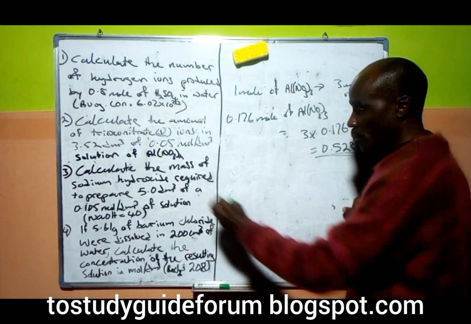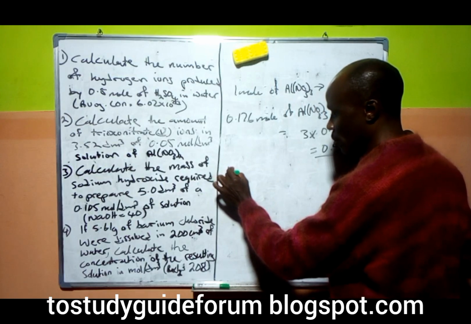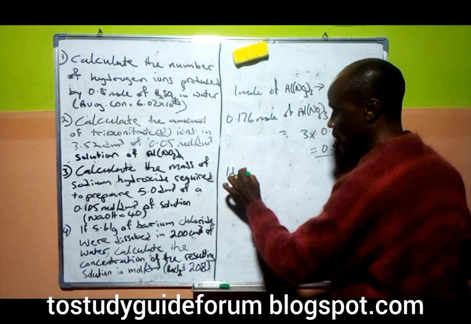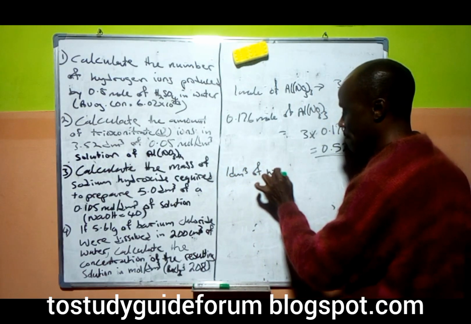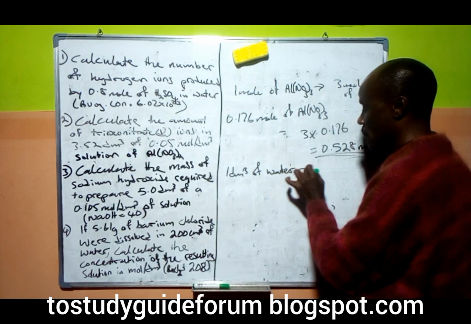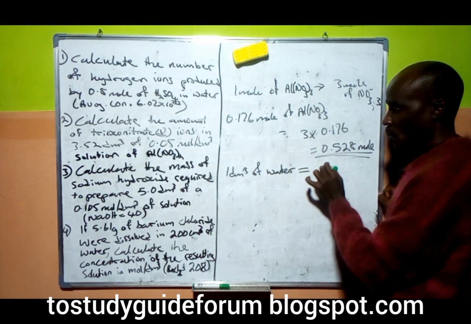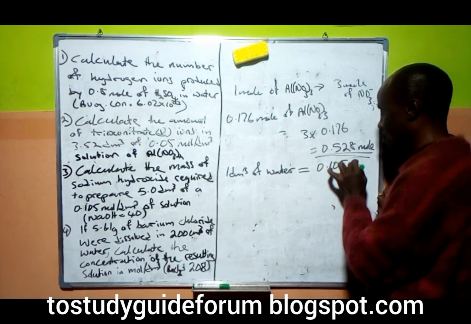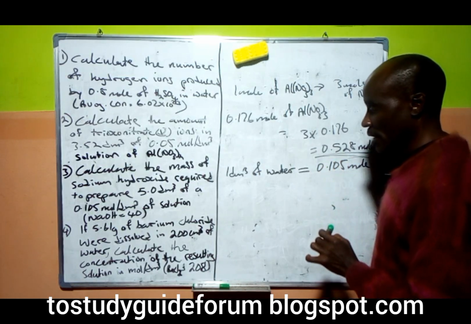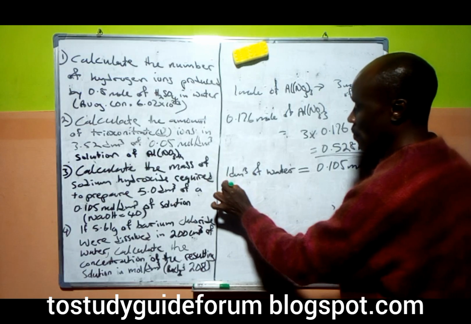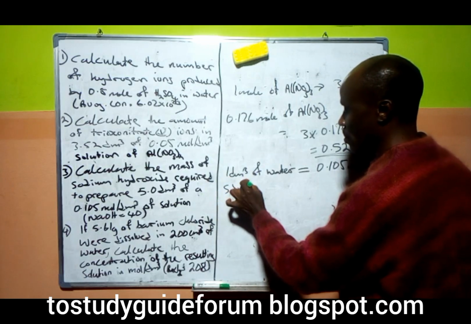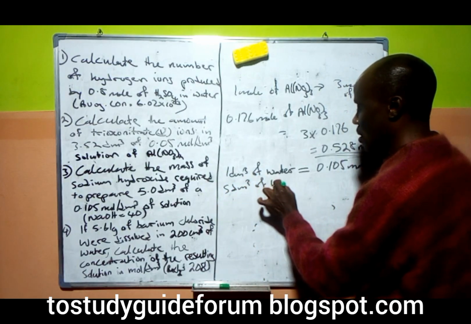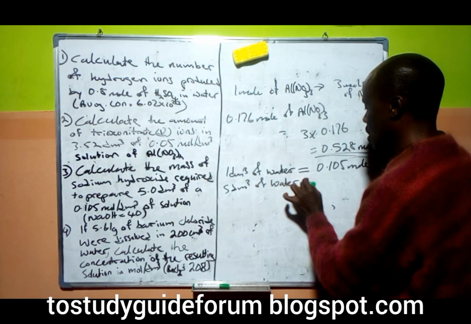So from what we have here, it means that 1 dm cube of water has 0.105 mole of sodium hydroxide. Now 5 dm cube of water will then give us 0.